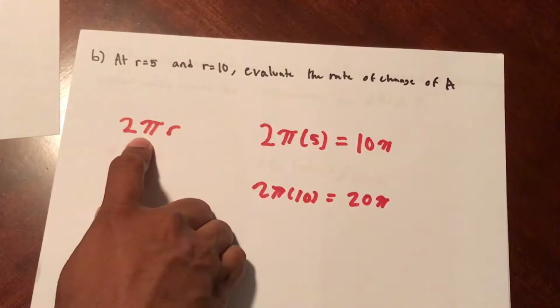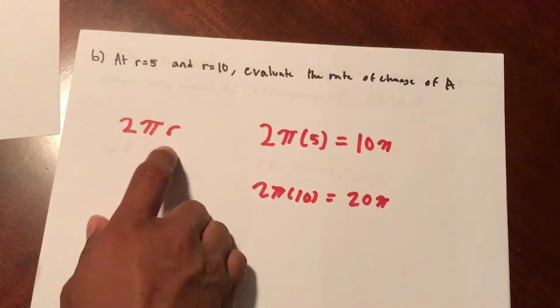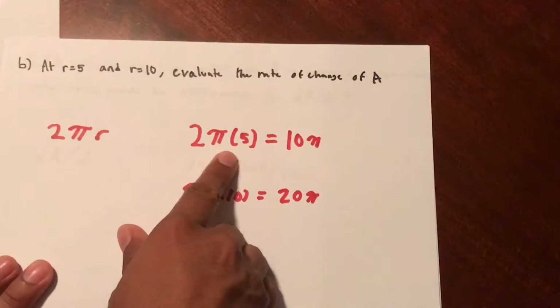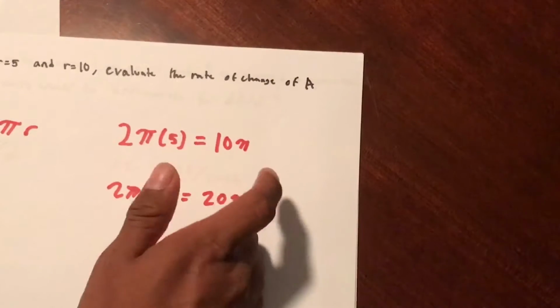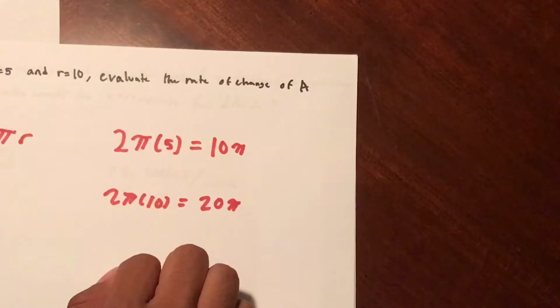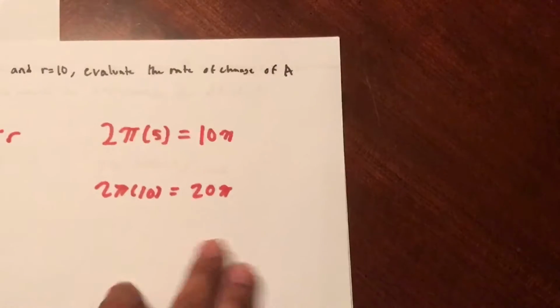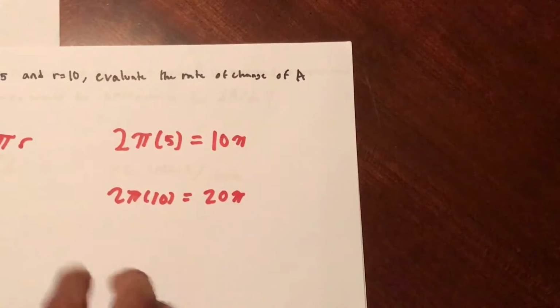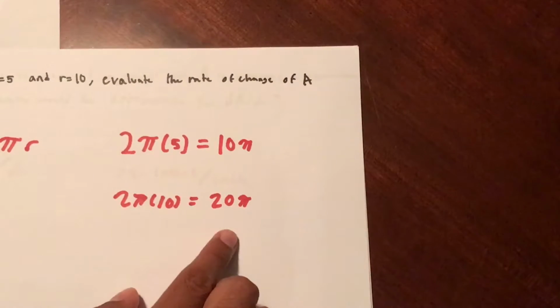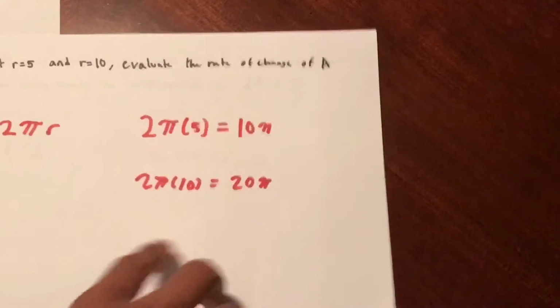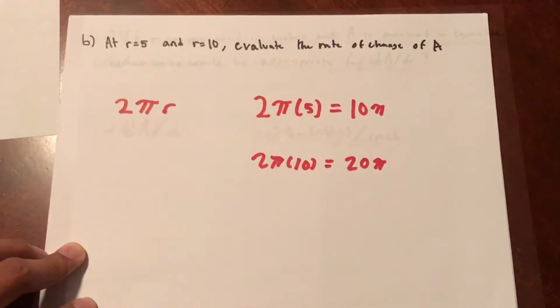We have 2 pi r. So we have 2 pi, input 5 as r, and you'll get 10 pi, which is about 31.4 based on pi being 3.14. And then we have 2 pi multiplied by 10, which is equal to 20 pi. I'm too lazy to do that math, so we're just going to move on.